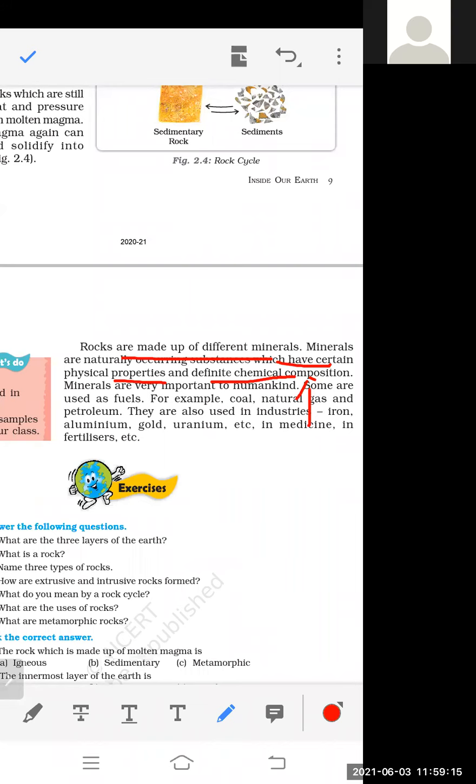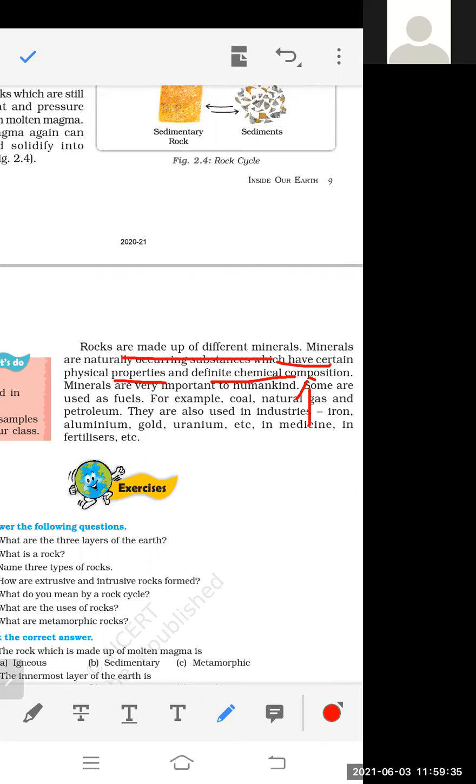Like marbles, as I told you, there are many types of marble. Some look white, some gray, some red, some green. That is because of the mixture of particles within the minerals, right?